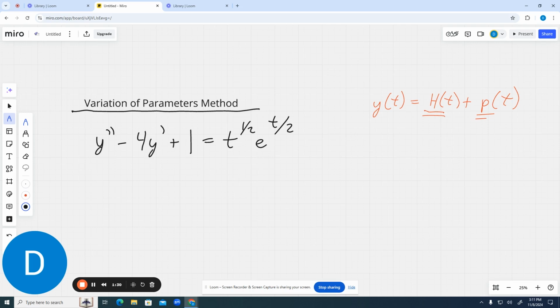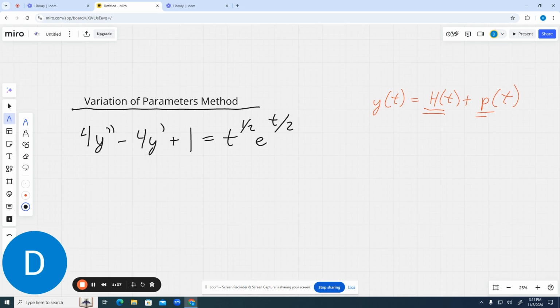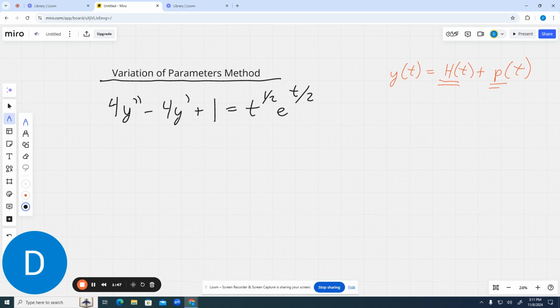First, we're going to start by solving this. The first step to solve this equation is to put it in standard form. In order to do that, you want to make the y double prime at the front.